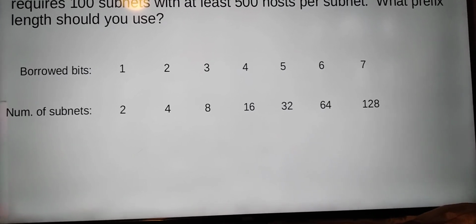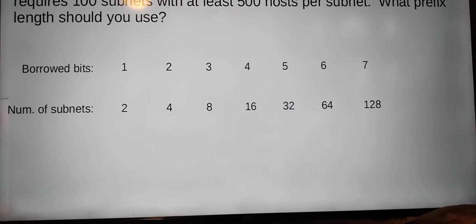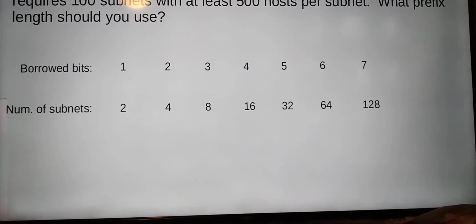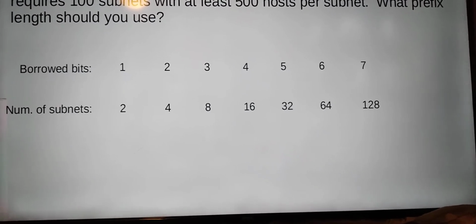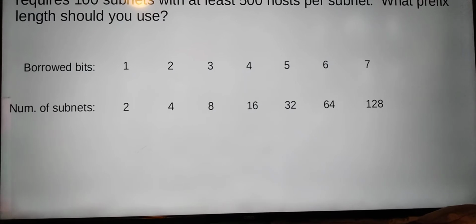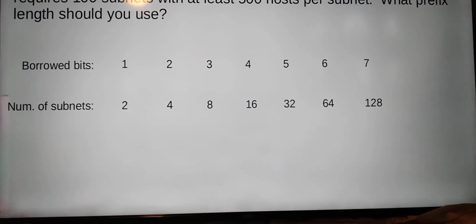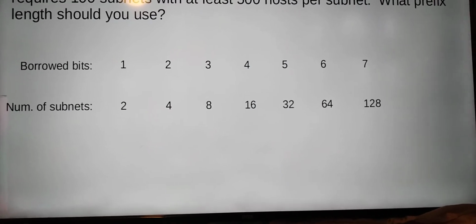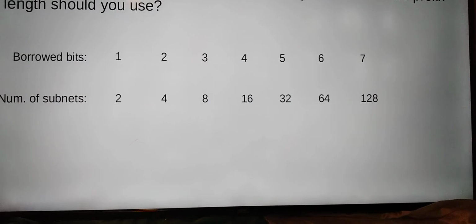Borrowing 7 bits allows for 128 subnets. Borrowing 8 bits allows for 256 subnets. Borrowing 9 bits allows for 512 subnets. Borrowing 10 bits allows for 1024 subnets.